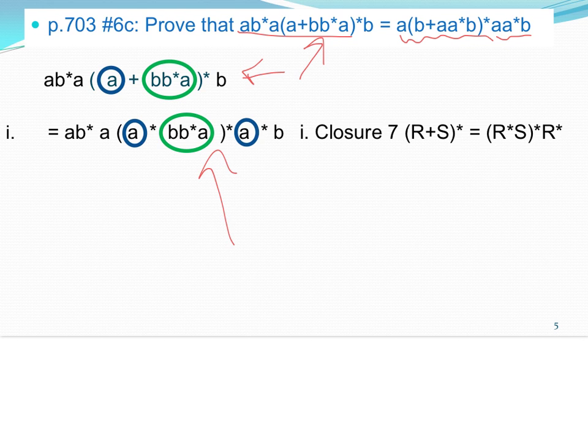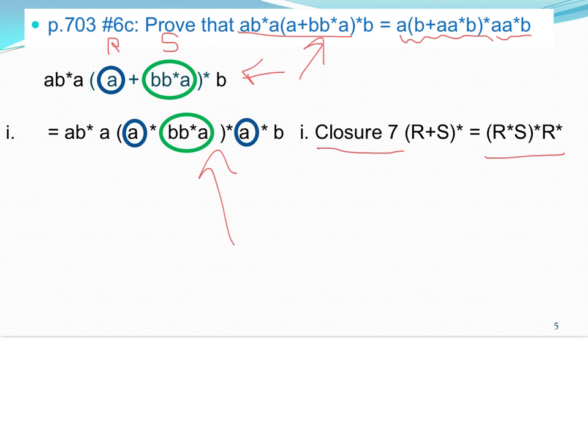What I've done is to try and show you which piece is R, which piece is S, and so on. I've just circled them. Up at the top I have (R plus S) star, so that really tells us that this A is R and that's S. By the closure 7 rule, that's equivalent to (R star S) quantity starred, then R star.